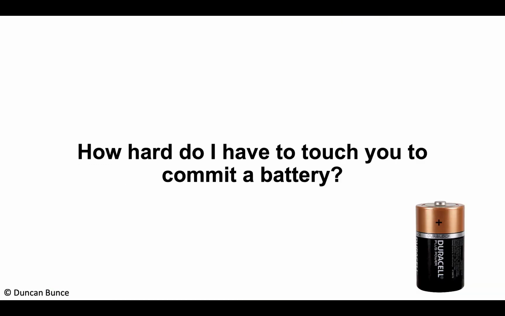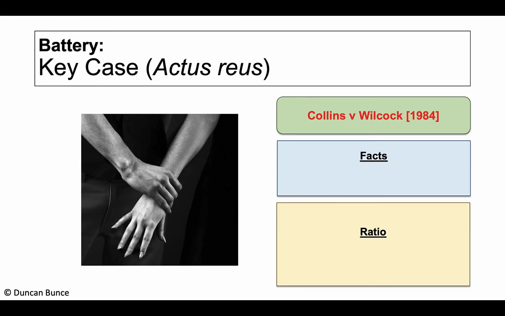How hard do I have to touch you to commit a battery? Is it as little as me prodding my finger at you? Do I have to use the force of a punch? How hard must it be? Now, a case that helps us with this, and therefore the case we would like to use to support the actus reus of battery that we just outlined, is Collins and Wilcock.